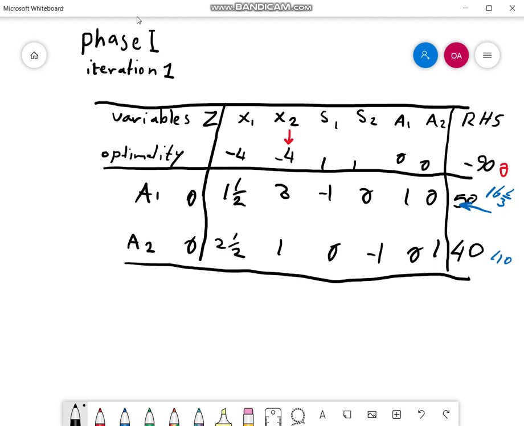Pivot row will be x2, so I'm gonna replace a1 by x2 and divide the whole thing by 3. Then I should get rid of 4 and get rid of 1. So I'm gonna nullify them using this row.